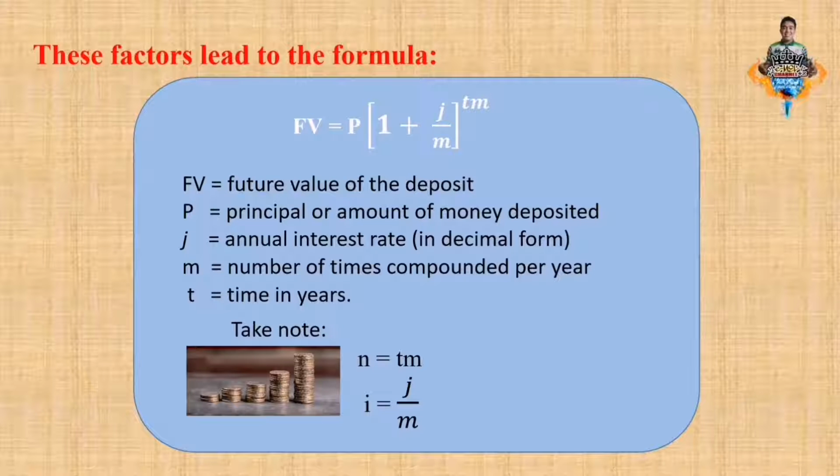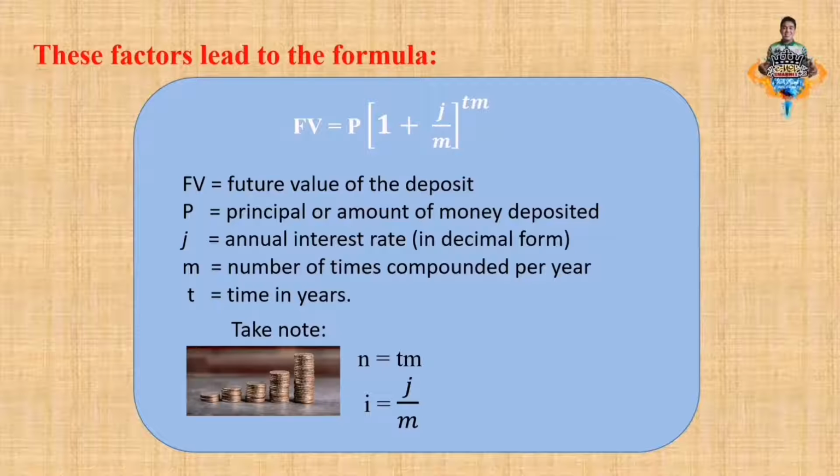J is the annual interest rate in decimal form, also expressed as R. M equals the number of times compounded per year: monthly, bi-monthly, semi-annually, quarterly. And T equals the time in years. So take note, we can express N equals the product of T and M, and I as the quotient of J and M.